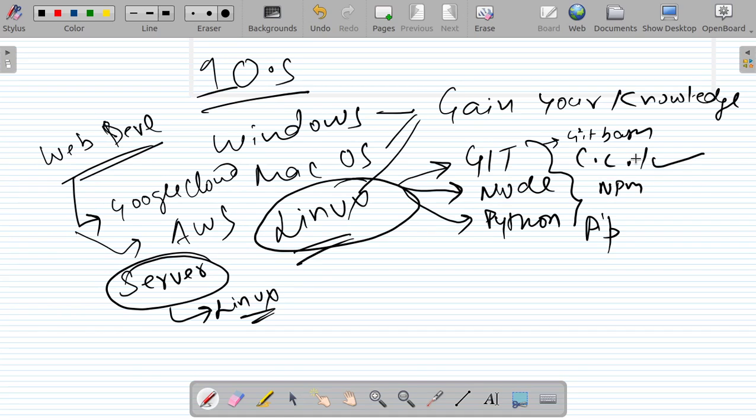Your confidence and knowledge about the command line interface boost up drastically, and you will be more confident using it on other technologies. So it will ultimately make you a better programmer.